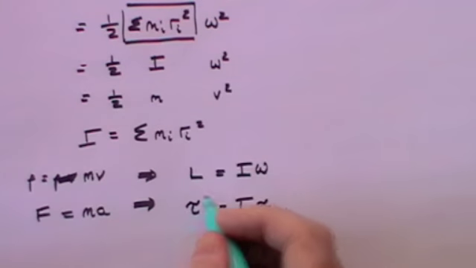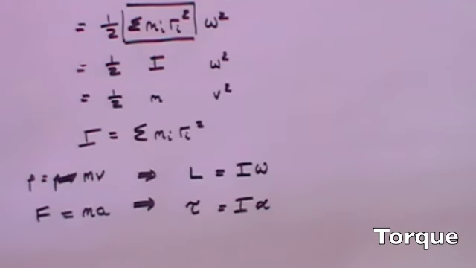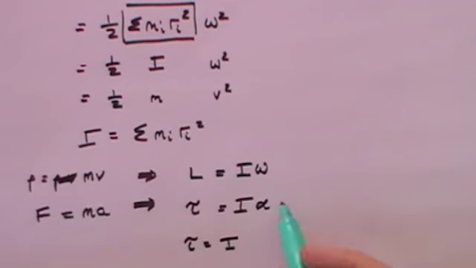When you multiply the moment of inertia by the angular acceleration, you get the rotational equivalent of force, and that is called a torque. Now, the torque, which is represented by the letter tau, is equal to I alpha. Alpha, of course, is the rate of change of angular velocity. So tau is equal to I times the rate of change of angular velocity, which is d omega by dt.